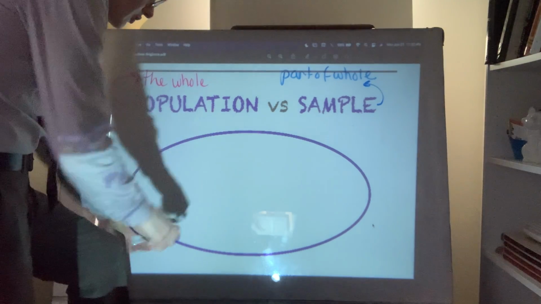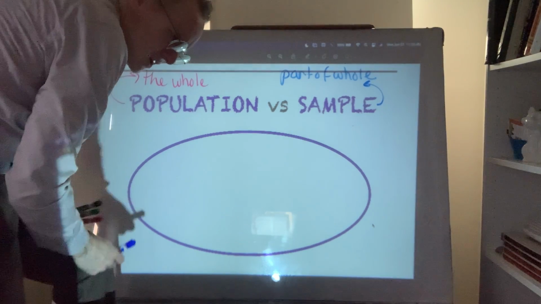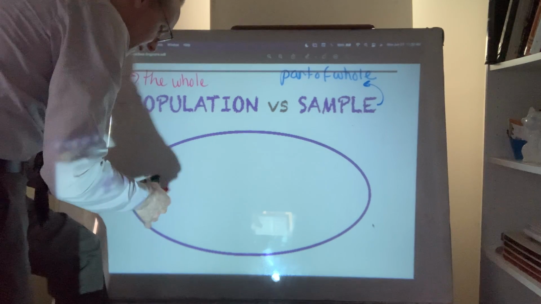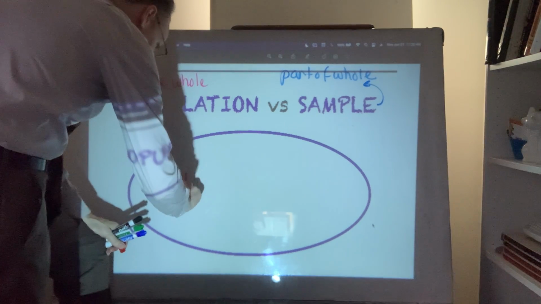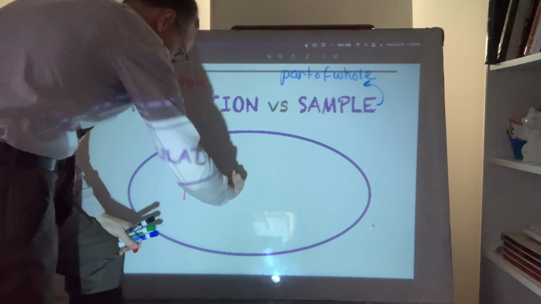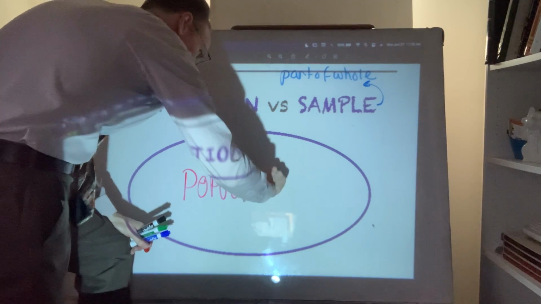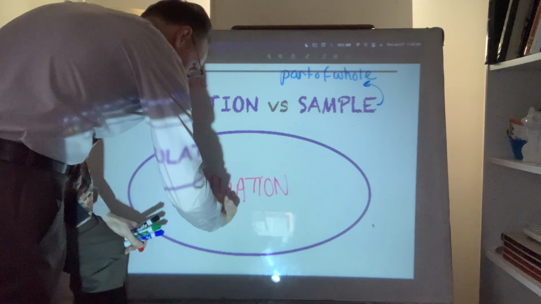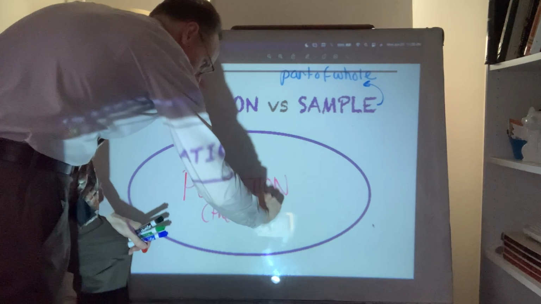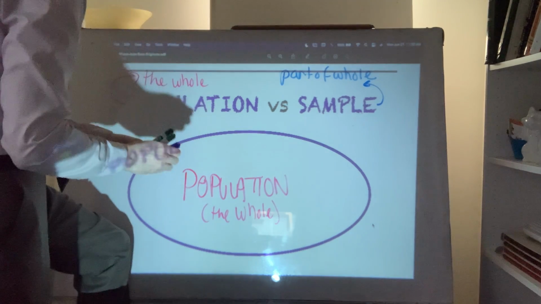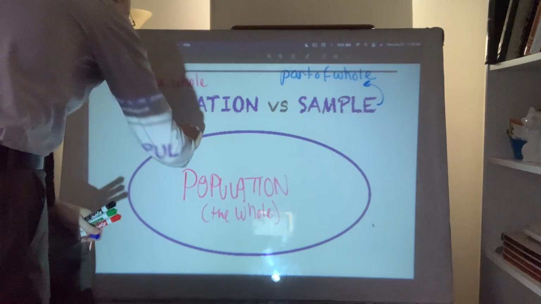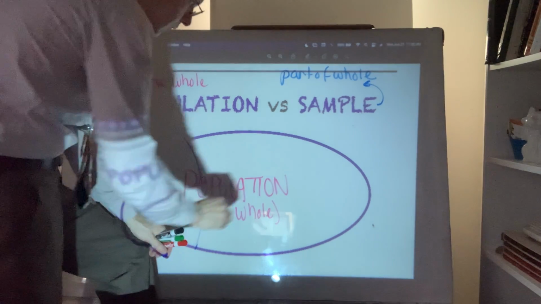To illustrate that, I drew this ellipse here. If the population is the entirety, I'll just illustrate that here. Again, i.e. the whole. Then a sample would be some chunk of the whole.